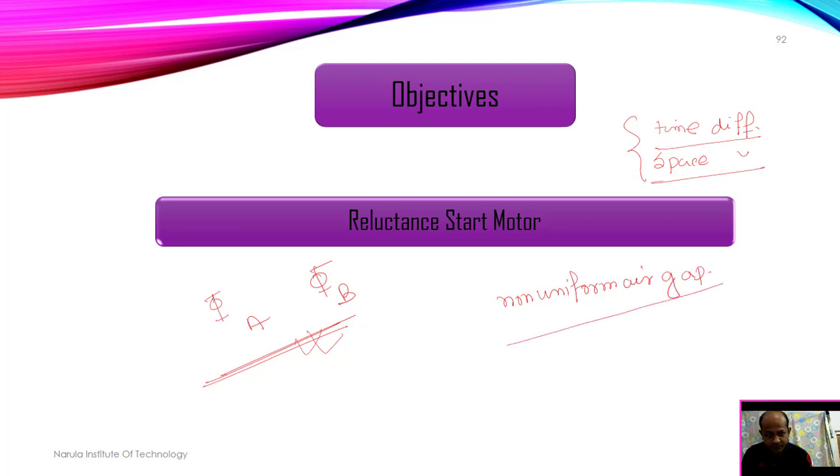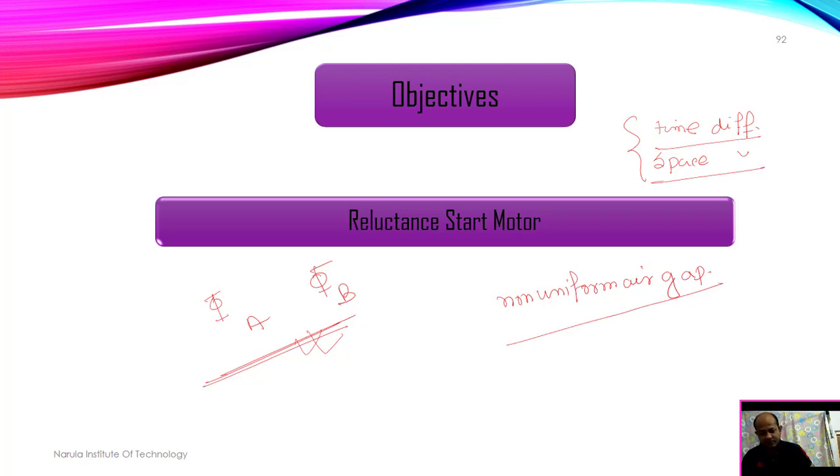So by creating a non-uniform air gap, we produce two different fluxes with time phase difference and space phase difference.